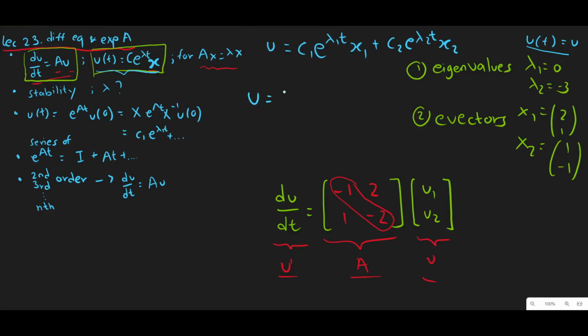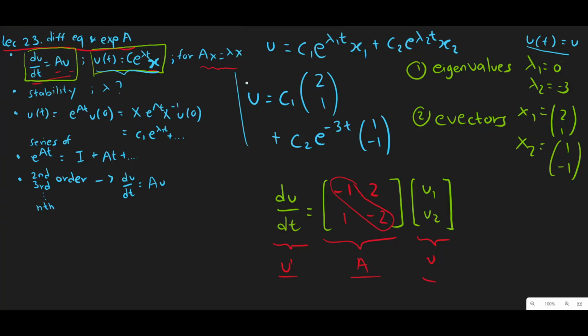Now let me put that down. So I have e to the 0t, and x1 is 2 1, and I also have c2 e to the minus 3t times 1 minus 1, and this actually is 1, right? So let me just simplify that into this form, because e to the 0t is 1.